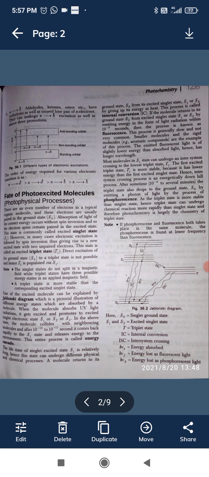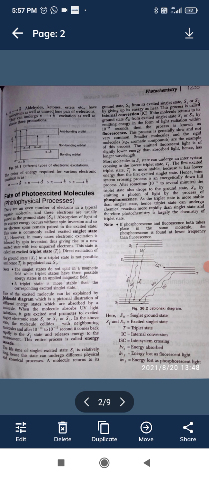So if excitation occurs with spin inversion, giving rise to a new excited state with two unpaired electrons, the paired electrons get separated and become unpaired. This state is called an excited triplet state, which we call T1.